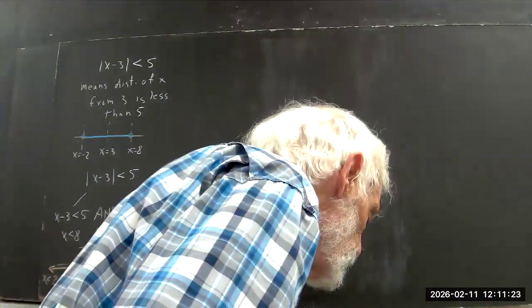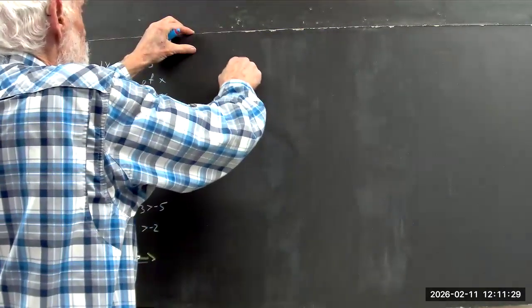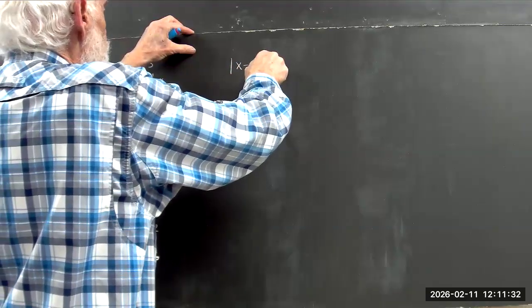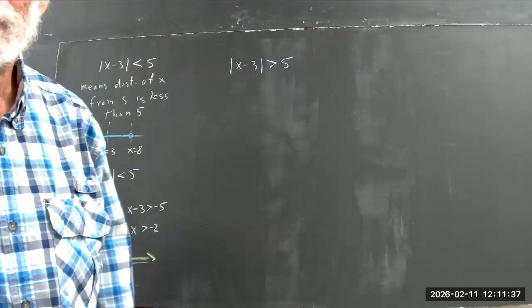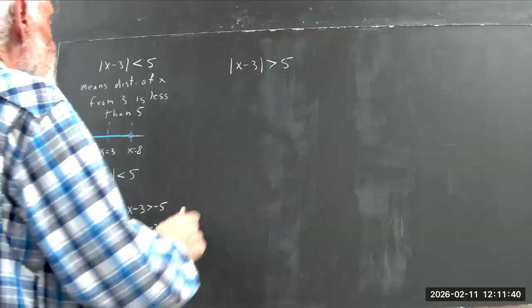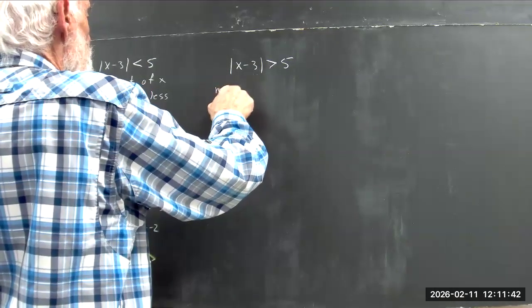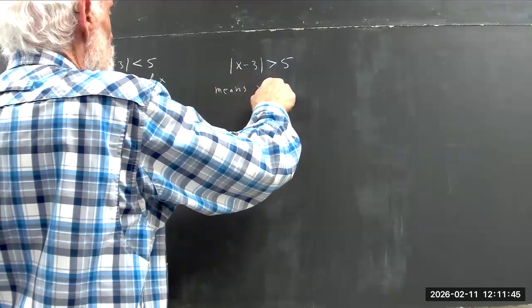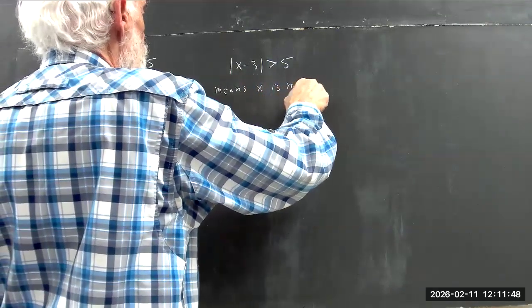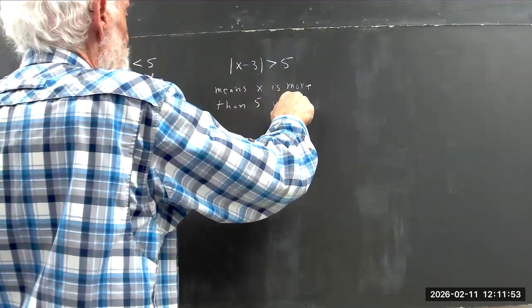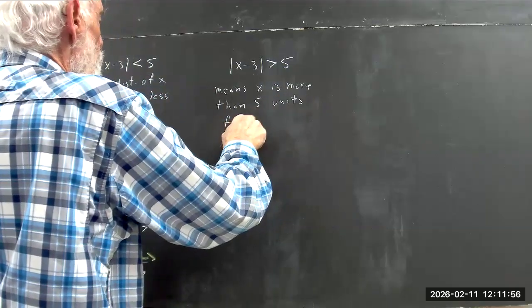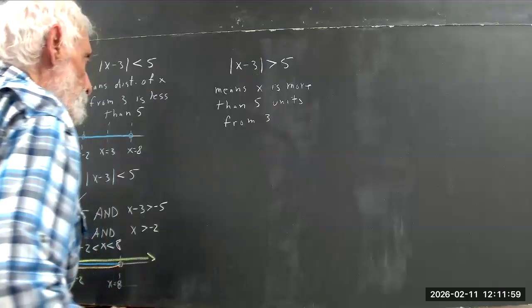There's another case. Okay. What if we want the absolute value of x minus 3 greater than 5? That means x is more than 5 units from 3.